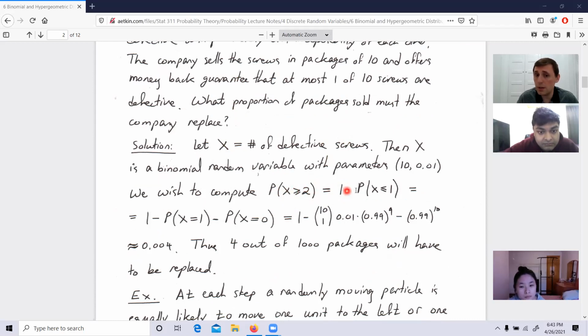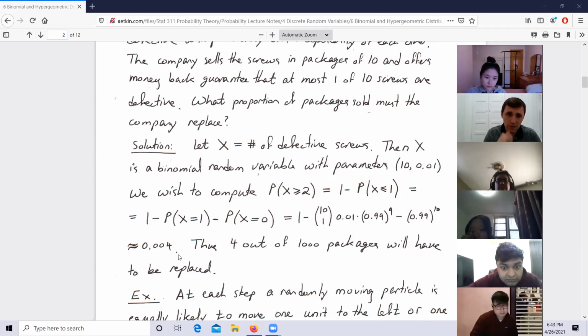Which is the same as 1 minus the probability that X is less than or equal to 1, which means it's 1 minus the probability that X is 1, and also minus the probability that I have 0 defective screws. And once I just calculate it, the number of packages that have to be replaced is roughly 4 out of every 1,000. You see, 0.004. So roughly 4 out of every 1,000 packages will have to be replaced by this company.